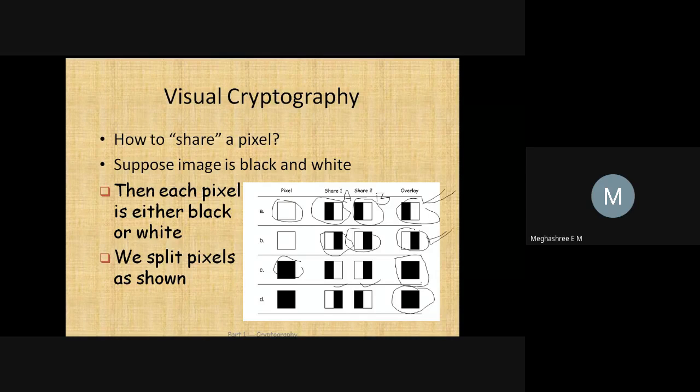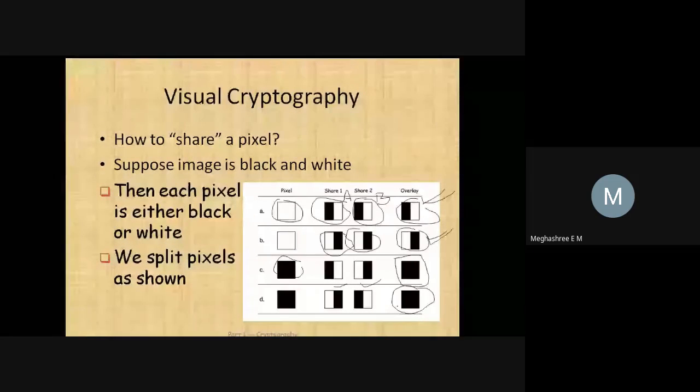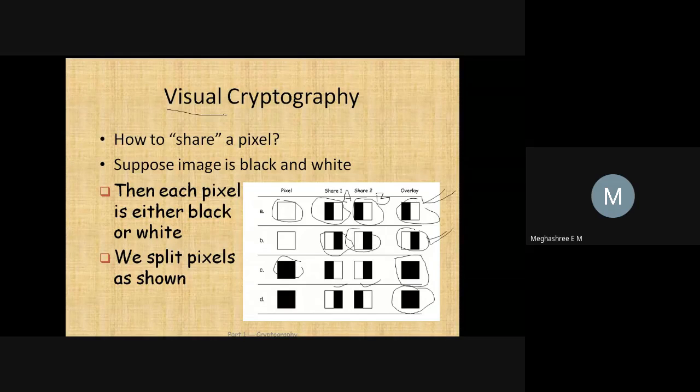So you have to remember that only when you overlay the share images will you end up with the final image. This is used in visual cryptography if a black and white image is involved.